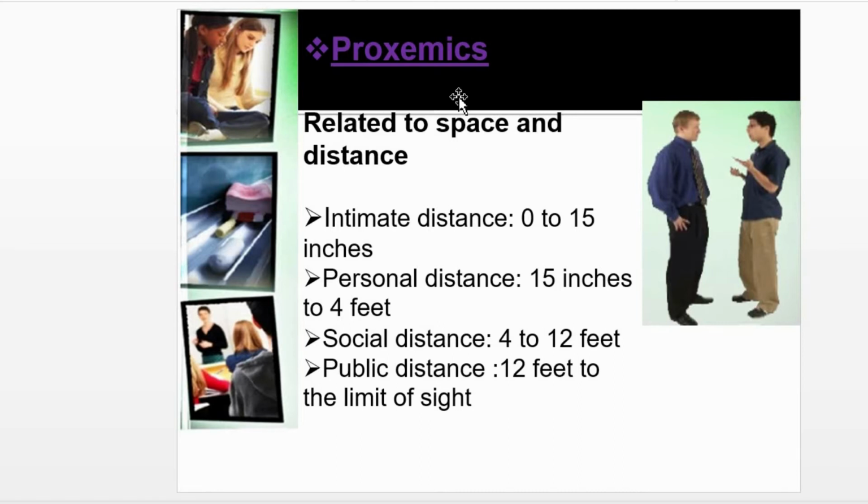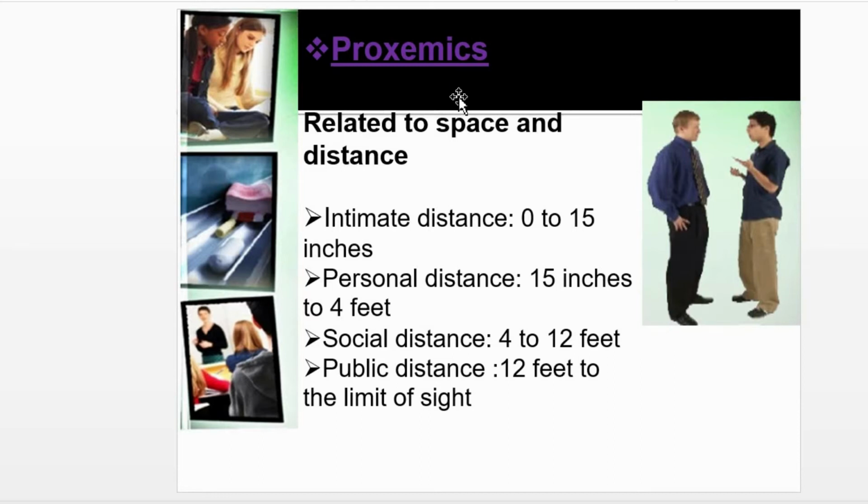Similarly, there is a certain kind of setup to sit in a school, while the setup is slightly different in colleges. And moreover, the similar setup is different in offices. So the communication or the change of setup with respect to sitting positions and distance between two people is called proxemics.